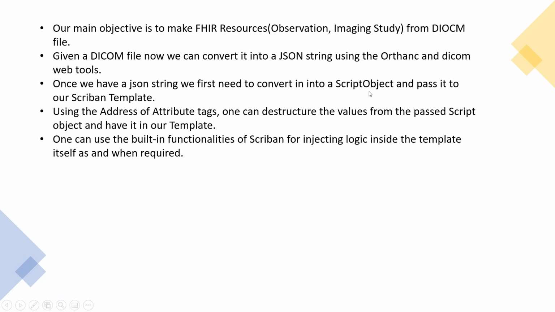When we pass the script object to a Scriban template, we can perform all the logic in the template. As Anand also mentioned, we can use the attribute tags for destructuring various values from the script object into a template. We will be seeing it inside the example, and also use different built-in functionalities of Scriban.